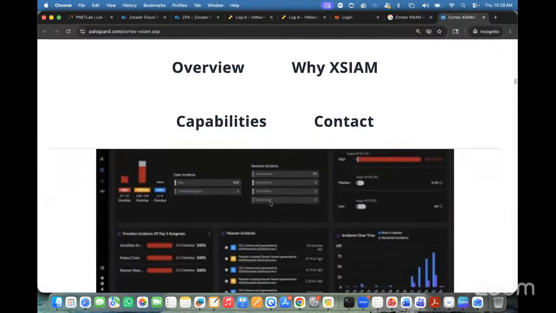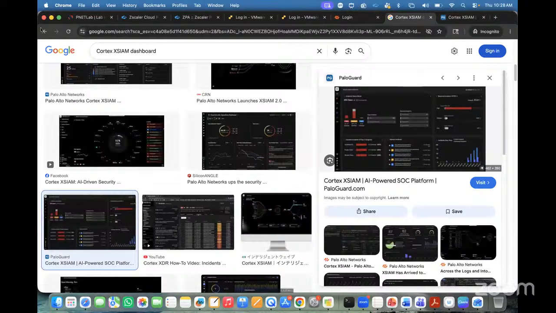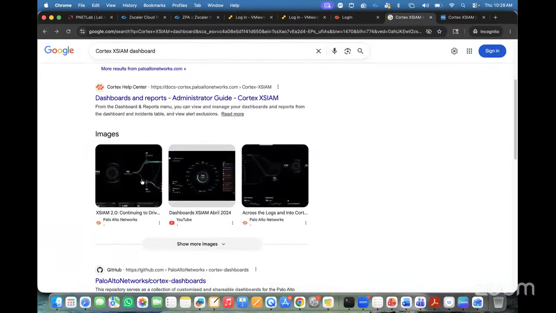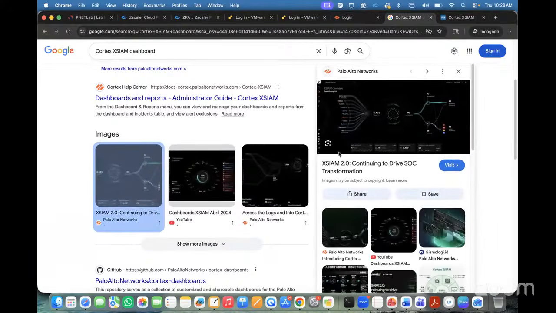It's not visible, but you're going to get a dashboard. In this dashboard, you're going to get a lot of telemetry data sources, including the cloud. Let me try to open this, then I can show you.